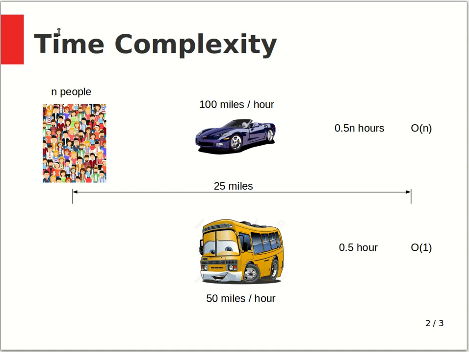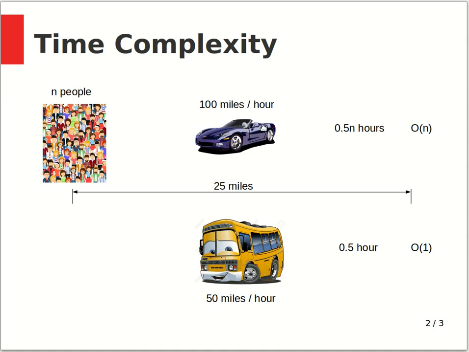We're trying to move these n people from this location to this location, and the distance between these two locations is 25 miles, suppose. And then we have two algorithms. One algorithm is to move this bunch of people with a sports car with 2 seats, but it can drive at 100 miles per hour.